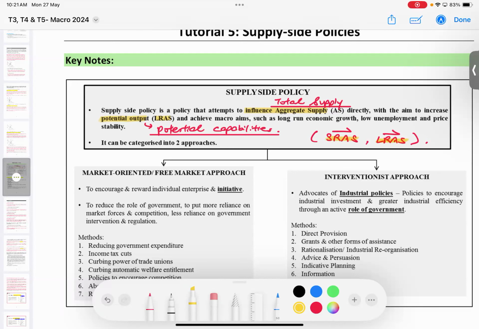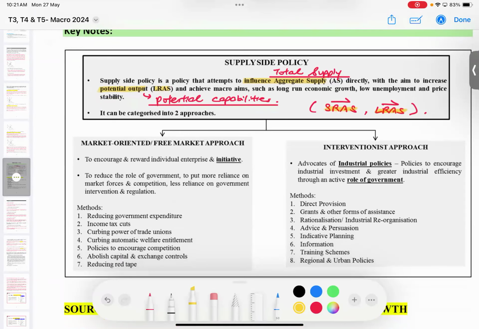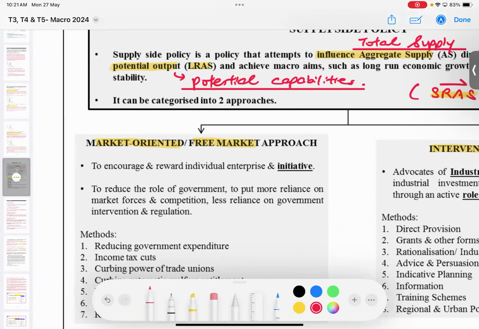Now, we can divide supply side policy into the market-oriented free market approach or the interventionist approach. The market-oriented approach means these are the instruments that rely mainly on the market forces to drive the productivity, the efficiency, and the output level.